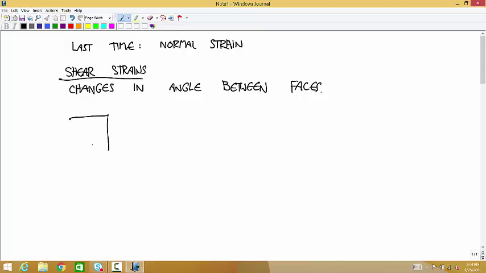So if you start out with a cubic stress element, and each of these is a right angle, under deformation, you get something like this.